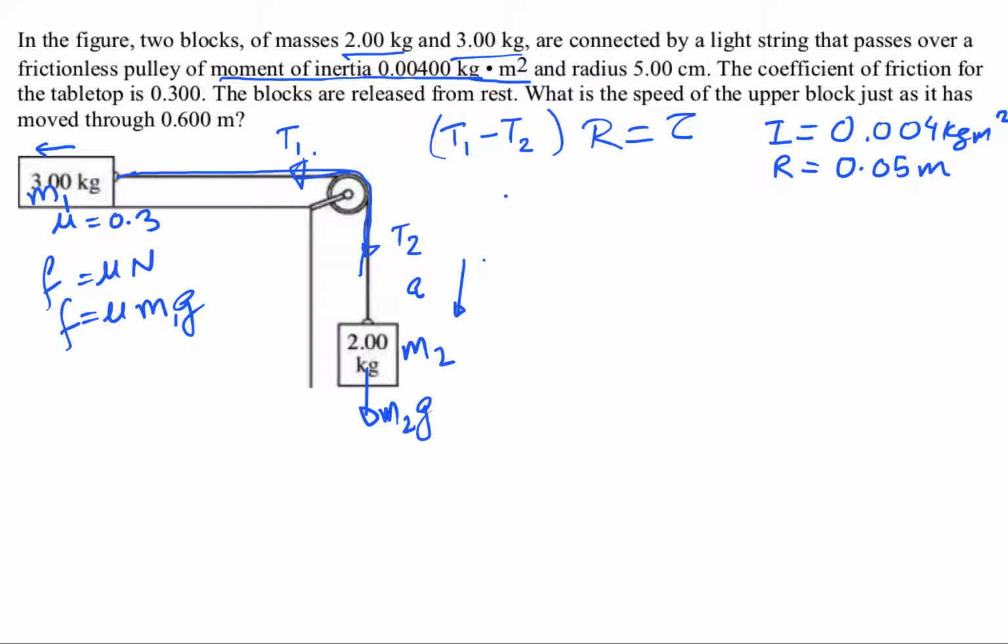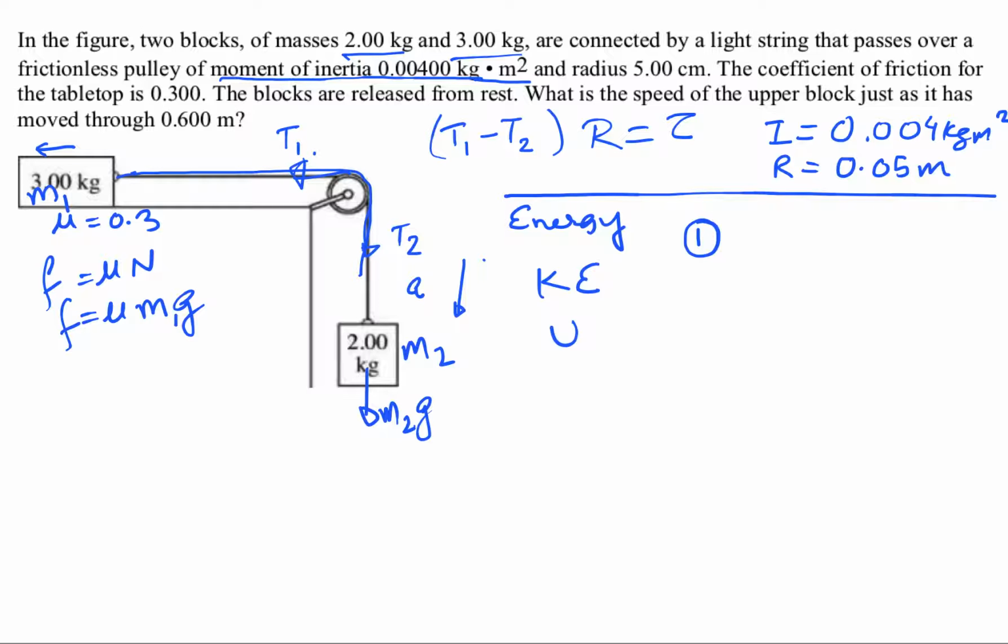Okay, energy method. If you wanted to look at the energy, you have the kinetic energy and you have the potential energy, U. So the kinetic energy for the first block initially is going to be 0, right? And for the potential energy, suppose that's where you started, and you're going to go down.